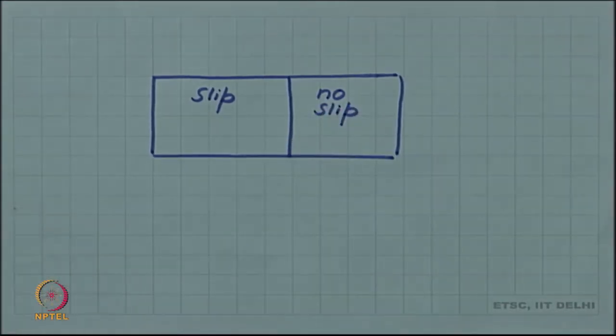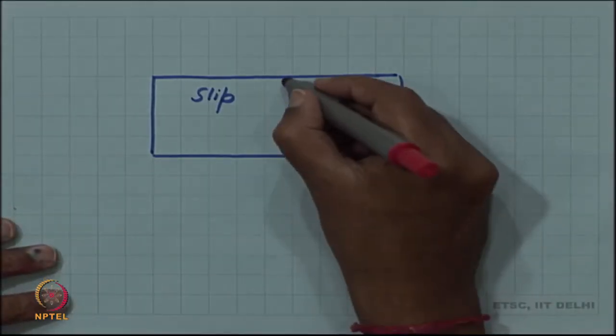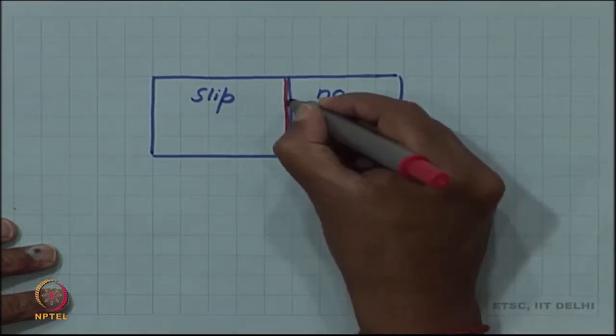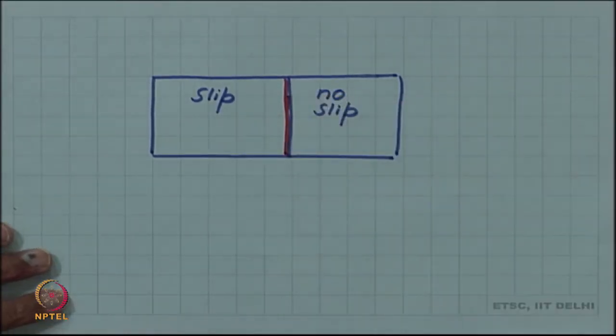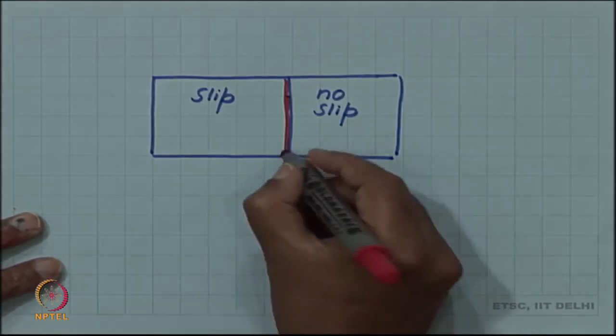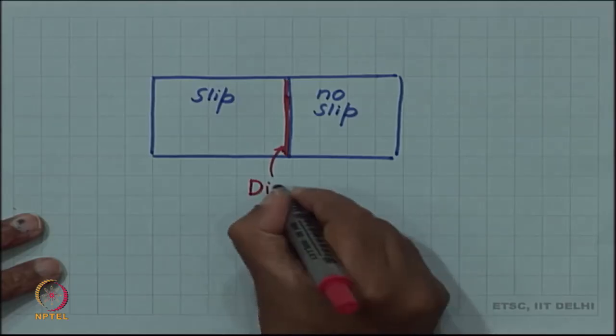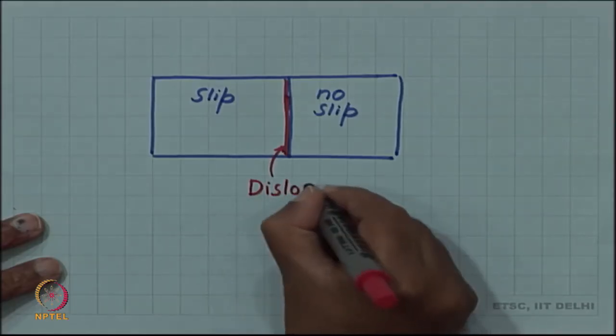And if you recall from your defect chapter, this was what we considered as a dislocation line. So, what is really being proposed is that a dislocation is present during deformation, a boundary between slip and not slip line we called dislocation.